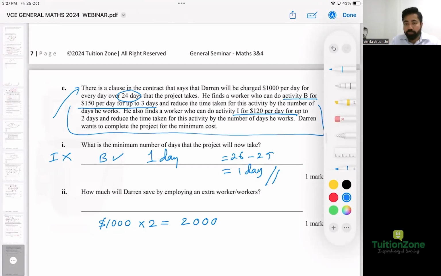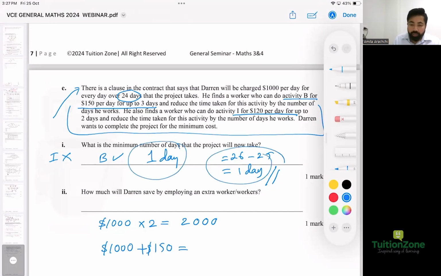So to make it 25 days, how much do you spend? $1,000 for that extra day, and then $150 for that one person for the 1 day. So altogether, how much? $1,150. And then you can take away, then what's the answer? $850. Rethink, all of you. Answer $850. Well done.